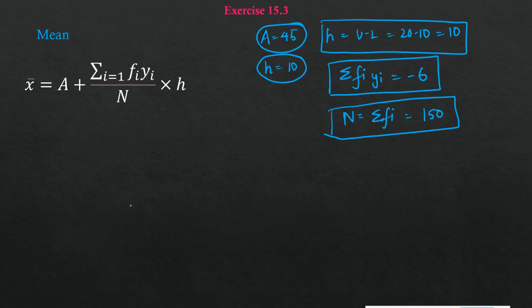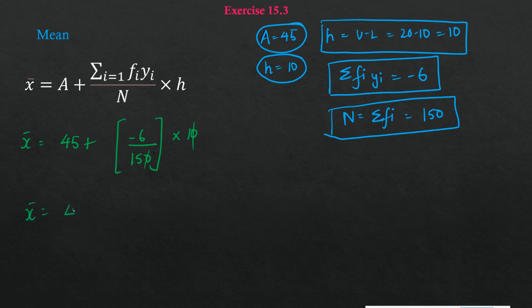We have all the values. We need to substitute the same in this equation. We'll be getting the value for mean. X bar is going to be equal to A, which is going to be 45, plus sigma fiyi is going to be minus 6 divided by sigma fi or n, which is going to be 150. This I have to multiply with 10. 0 and 0 will be getting cancelled.